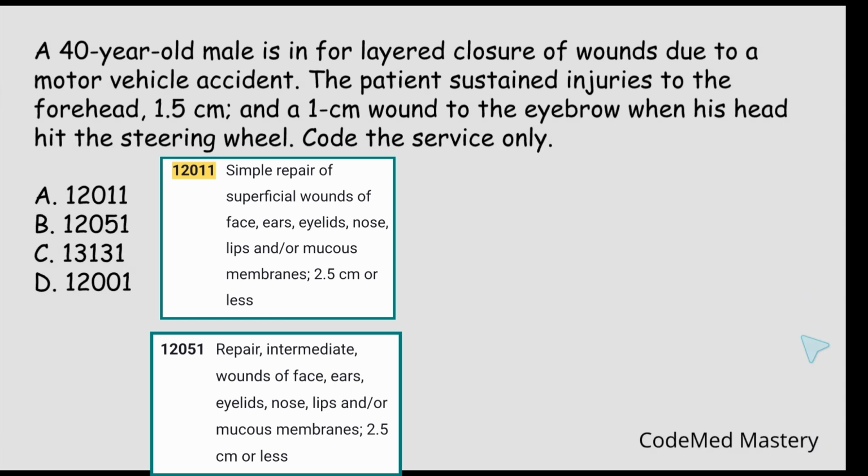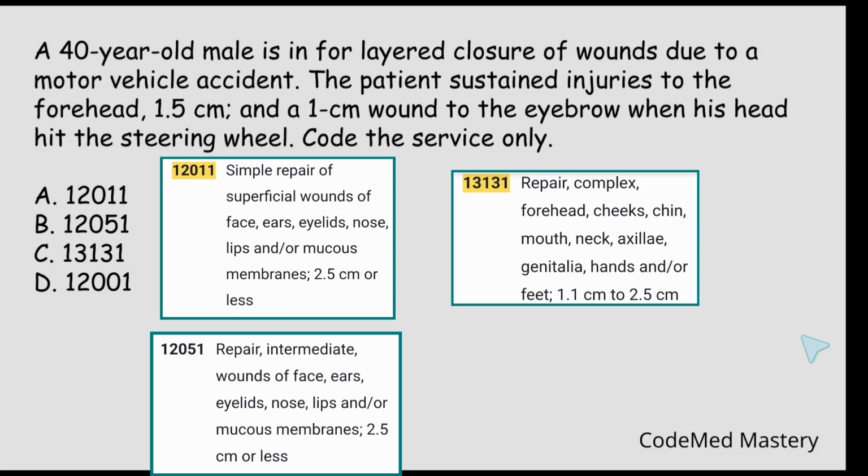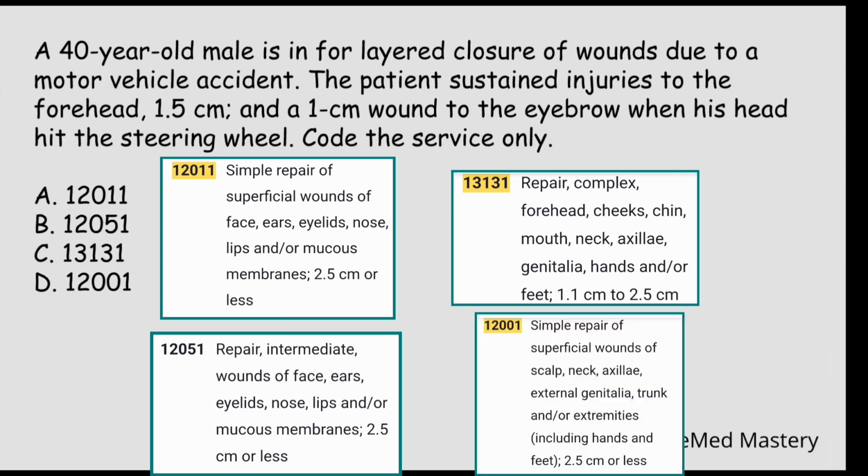And the code 13131 is for complex repair of forehead, cheeks, chin, mouth, neck, axillae, genitalia, hands or feet 1.1 to 2.5 cm. And the code 12001 is for simple repair of superficial wounds of scalp, neck, axilla, external genitalia, trunk or extremities including hands and feet 2.5 cm or less.